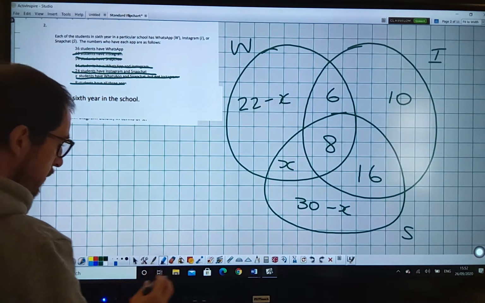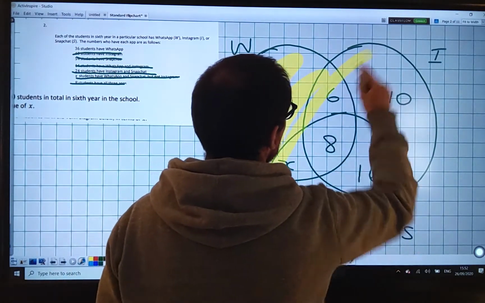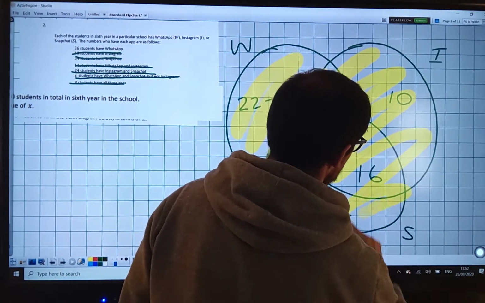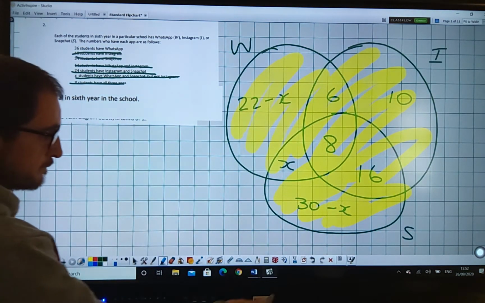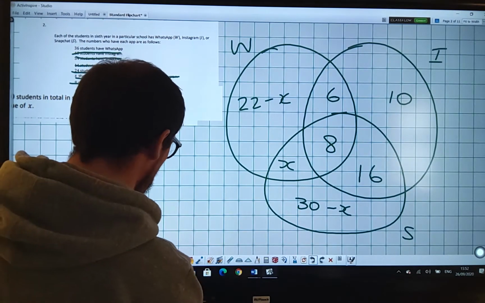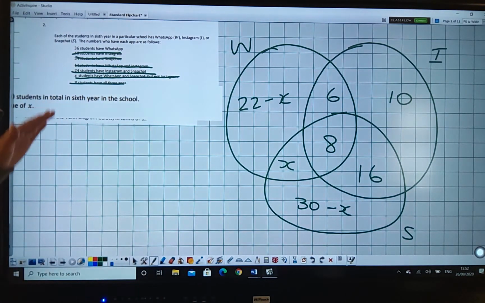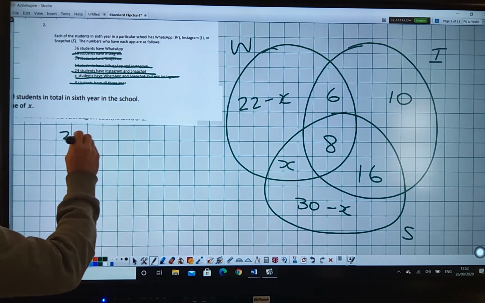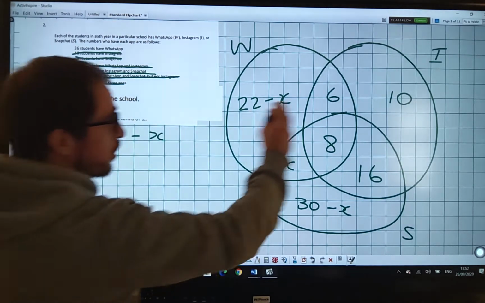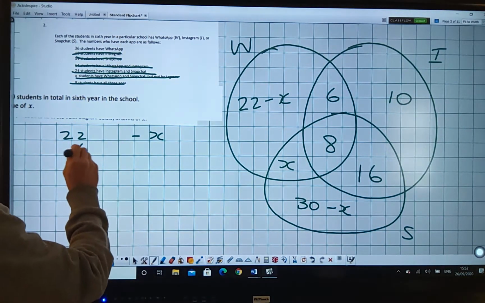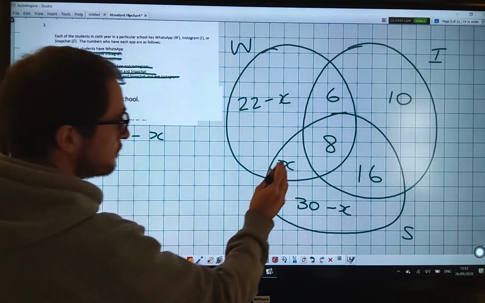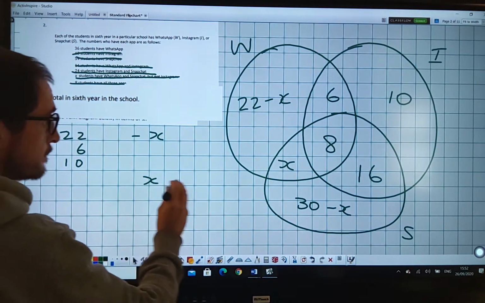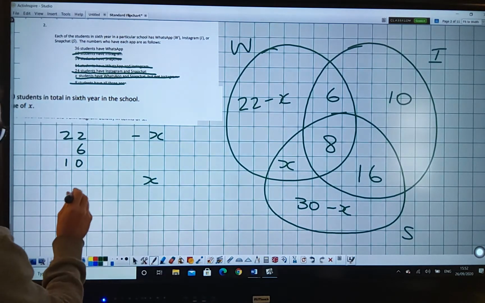So all this area here, the whole lot, has to add to 80. So you can create an equation now as follows. I like to do it like this. So 22 minus x, I walk across. Then I've got 6, there's no x. I've got 10. Then I have x here. I have 8.